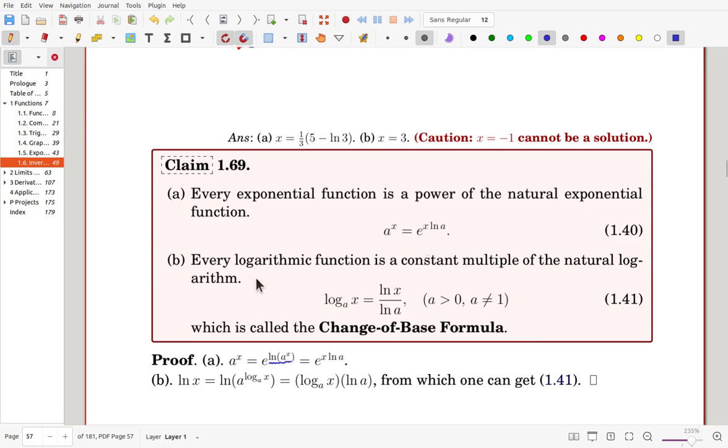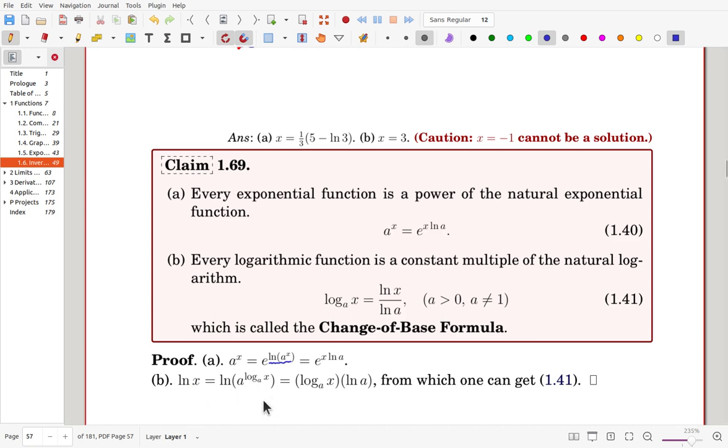Now, every logarithmic function is a constant multiple of the natural logarithm. So we have this form. Let's consider the proof first. We start with the natural logarithm. Now x can be written as a to the log base a of x. So this portion is an identity, the same as this one.